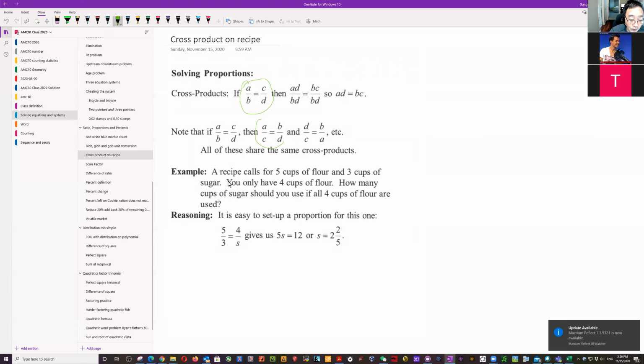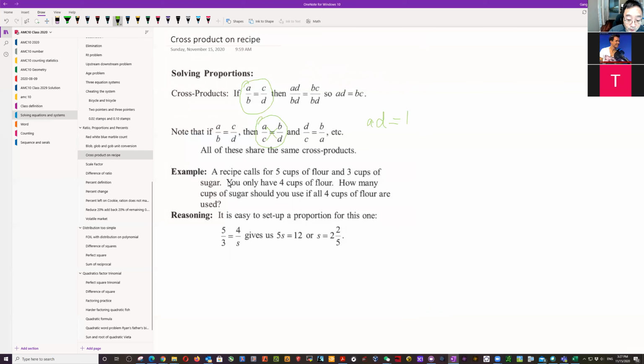You are able to swap the location, so swap A and C, it still works. And you can also flip up and down, and you can swap the left and the right, and everything can be swapped as long as the diagonal still stays the same pair. So if it's AD equals BC, basically, if everything still multiplies to this result, it still works. So just keep this in mind.